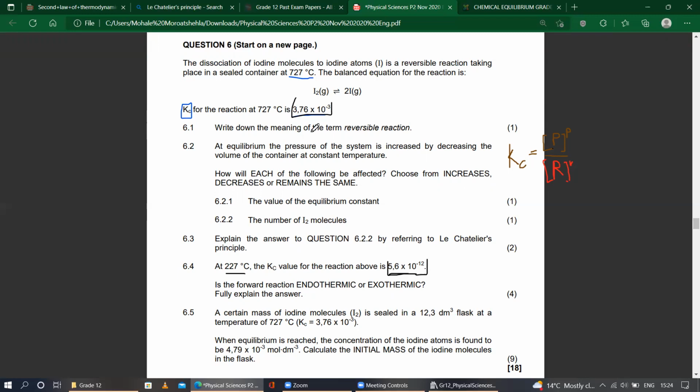They say when the temperature decreases to 227 degrees Celsius, the Kc is going to go to 5.6 times 10 to the power negative 12. Then now they want to know whether the reaction is exothermic or endothermic, right? Just only the forward reaction, not the reverse reaction.